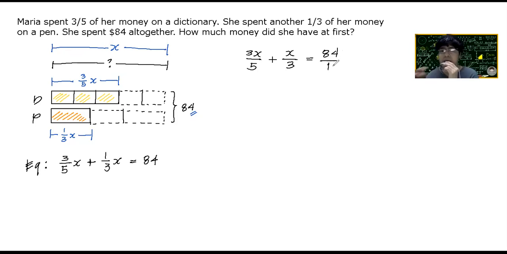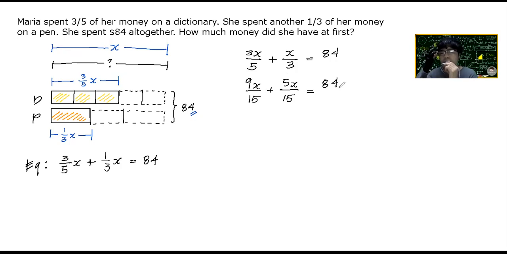Now, we may give the LCD of 3 and 5. By skip counting, the LCD will become 15. So 15 divided by 5 is 3, multiplied by 3x is 9x. 15 divided by 3 is 5, multiplied by x is 5x, equals $84.